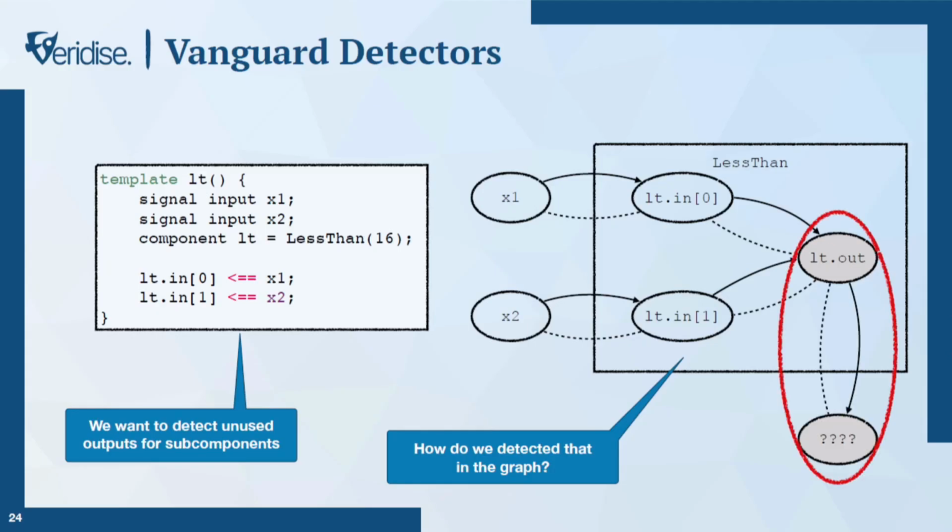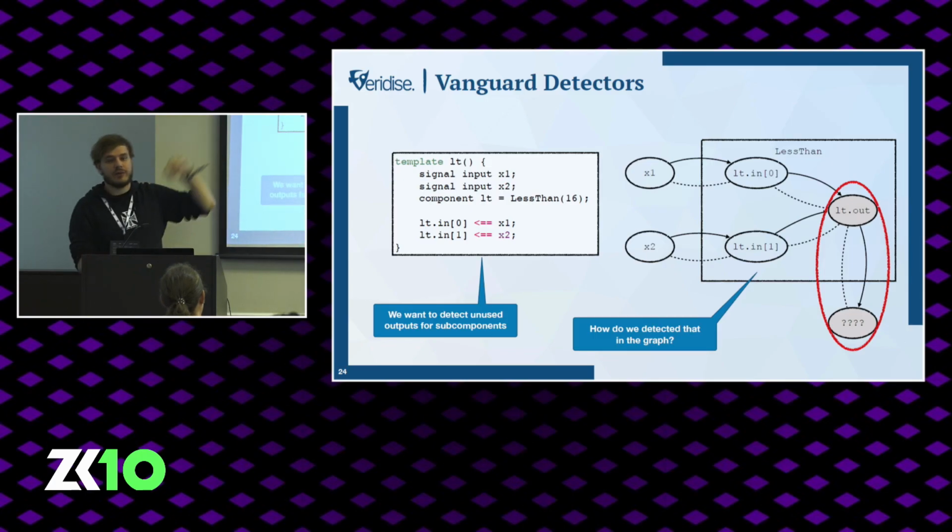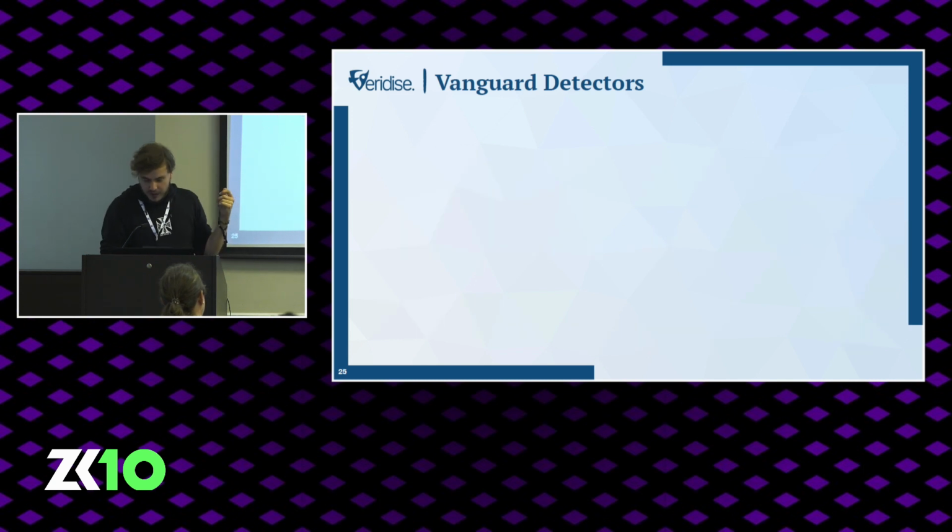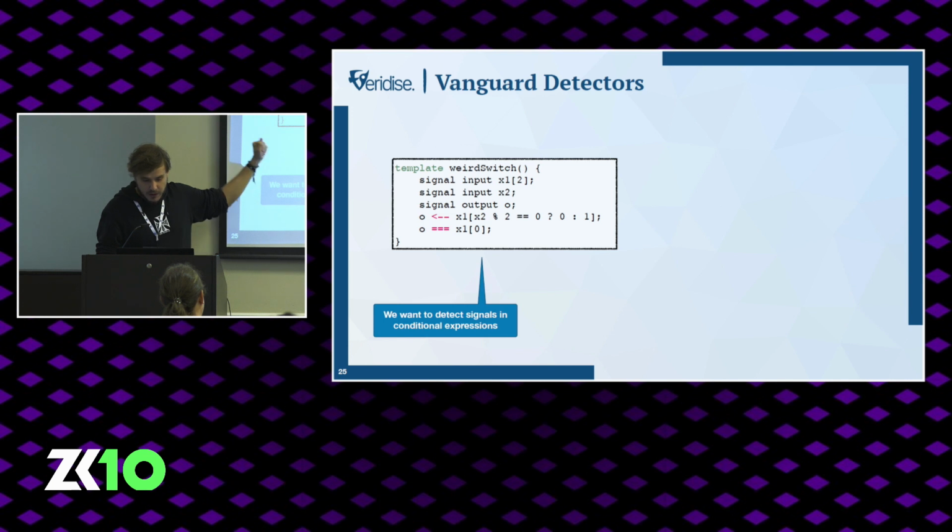So we are missing that chunk there, probably a signal that should be constraining. If we are missing that chunk, we consider that we are not using the subcomponent. Clear so far? Okay.